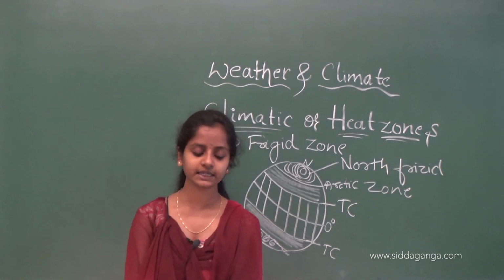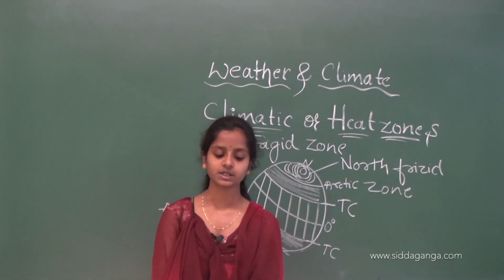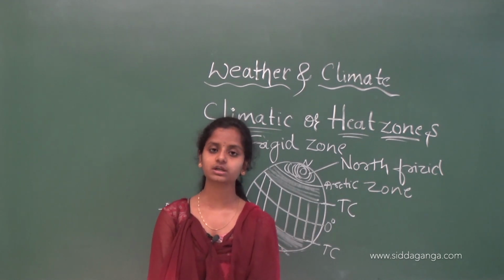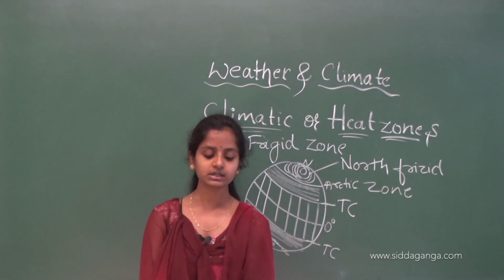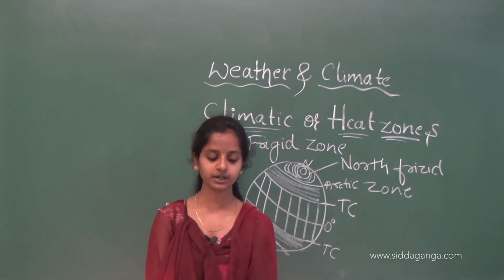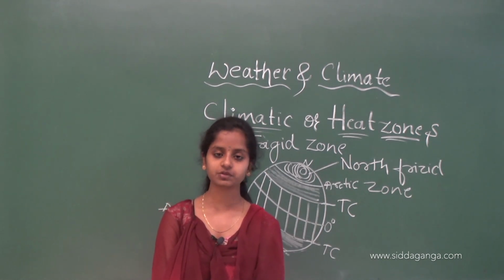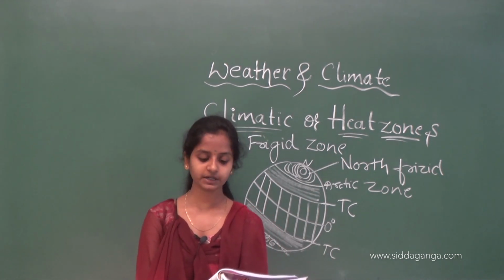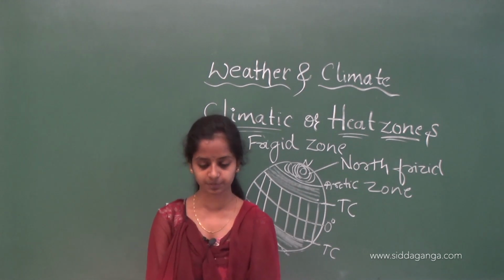Now it is clear that as we move from the equator towards the pole, the temperature decreases. To understand the influence of climate on the lifestyle of people, we will study one region in each climatic division in the following chapters.